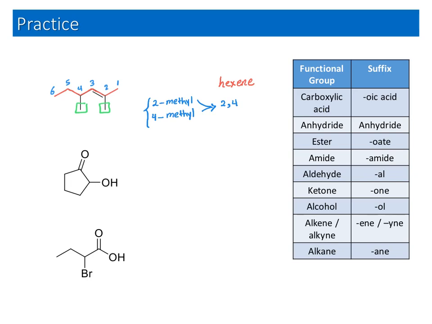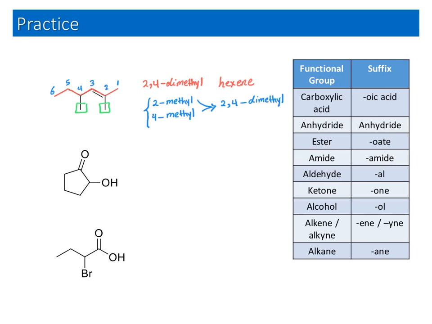I separate the numbers with a comma, and a dash to separate the letters. I have 2 methyls. It's going to be dimethyl. If I had 3 methyls, it should be trimethyl. Now let's put the name of the substituents before the name of the parent chain. So it's going to be 2,4-dimethyl.